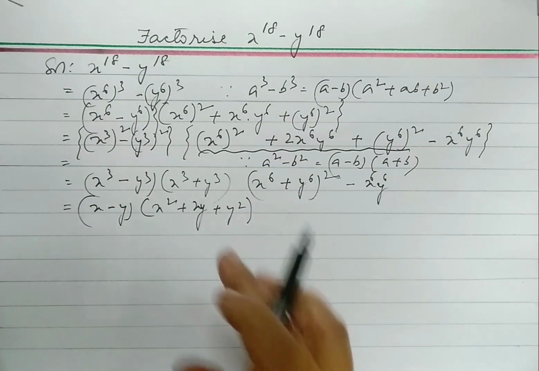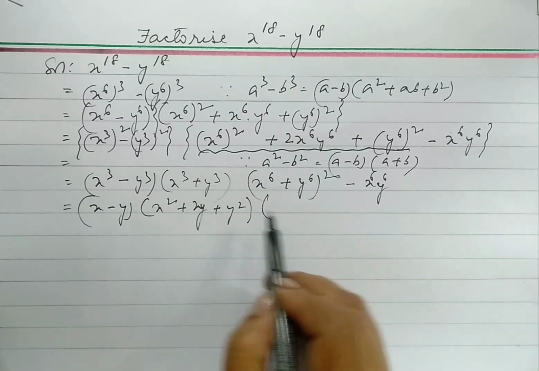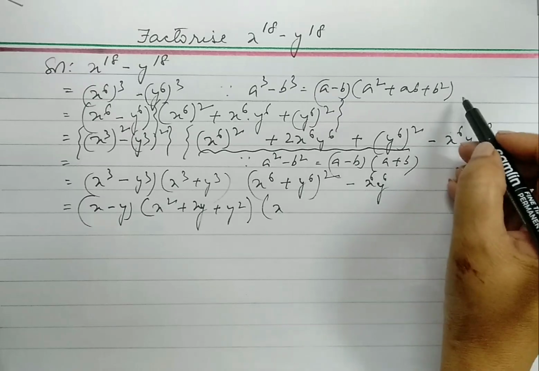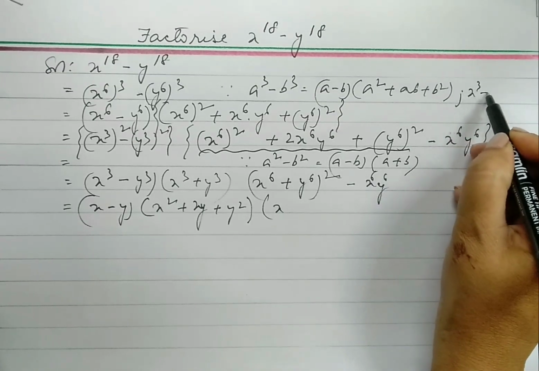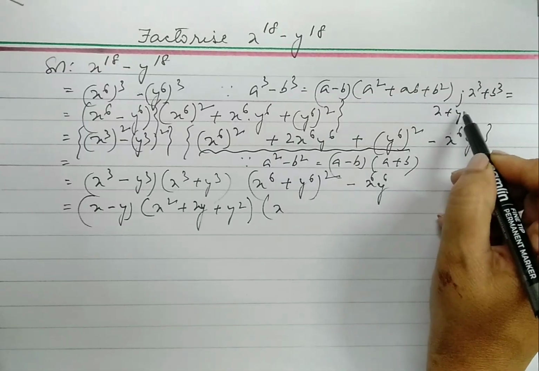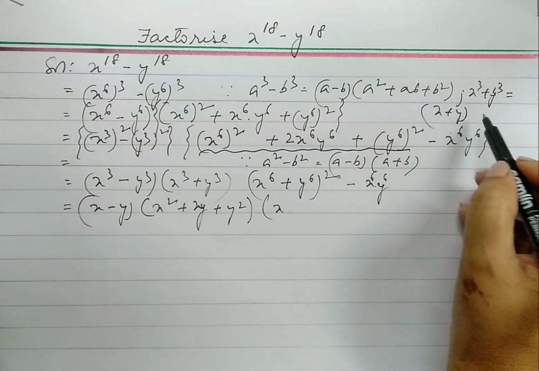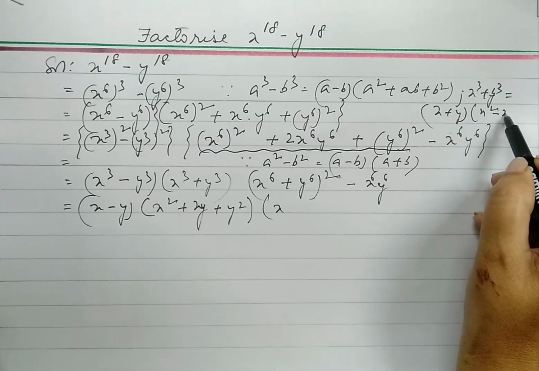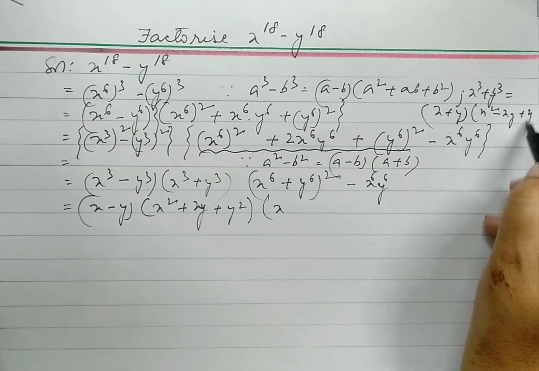Alright. As for this, we know that x cube plus y cube. So let me write over here, x cube plus y cube is equal to x plus y, x square minus xy plus y square.